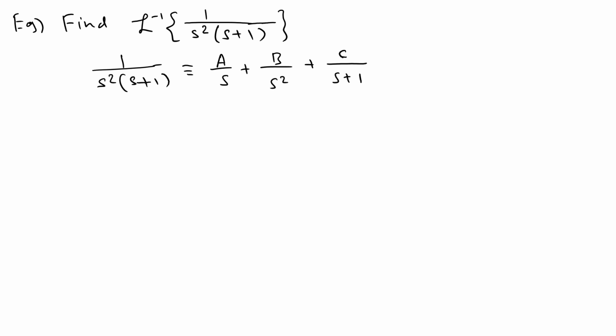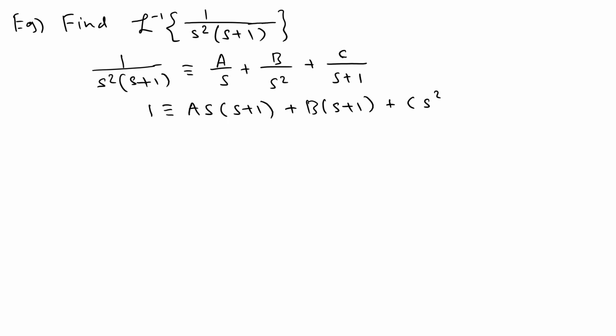And then we multiply, so we have 1 identical to a times s (s plus 1), because for a, s and s plus 1 are missing, and for b only s plus 1 is missing, and for c you can see s squared is missing.